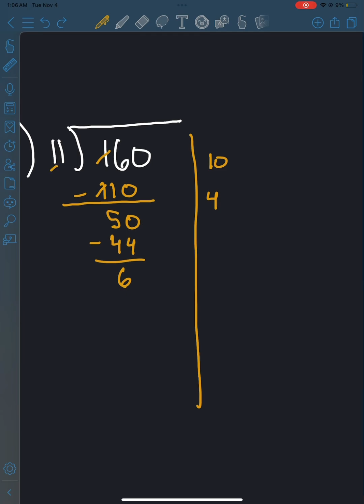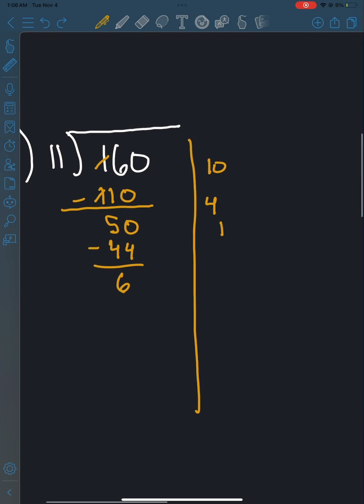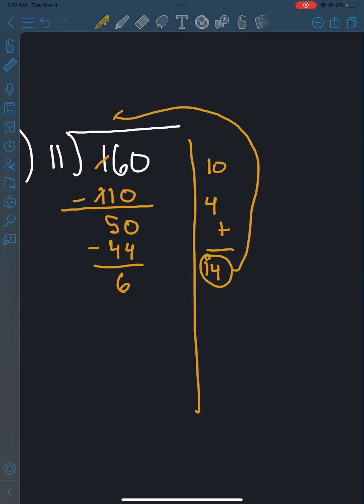And then we put 11 into 50 4 times. All right, so we're going to add these up. That gets us to 14. This is our answer. So we're going to put this up here. That gets us 14, with a remainder of 6.